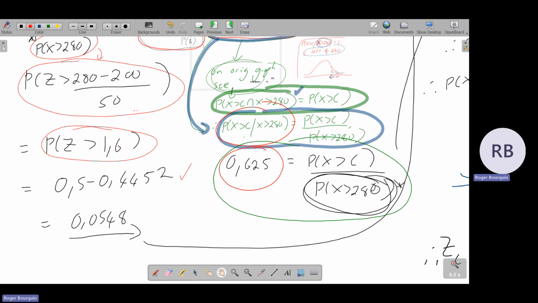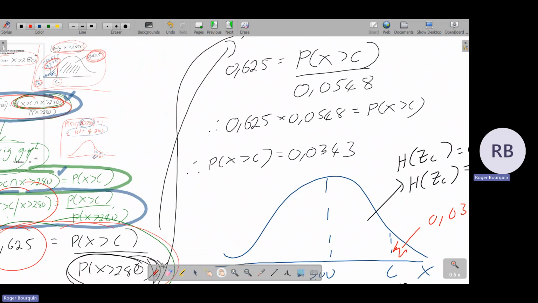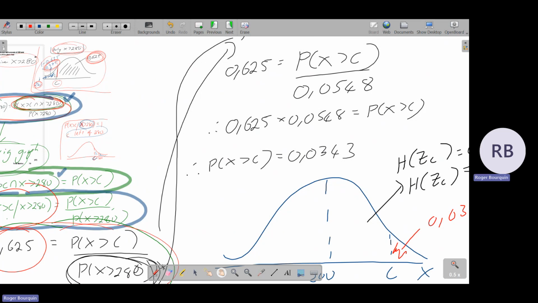You've got to cut out that area that I want. So in other words, the probability that x is bigger than 280, and a lot of you got this, is equal to 0,0548. So if I go back to this formula over here, I know now that the probability that x is bigger than 280, this bit over here, is equal to 0,0548.